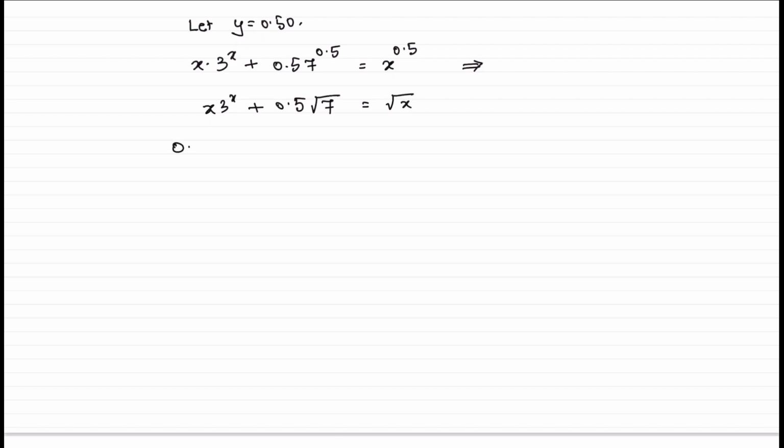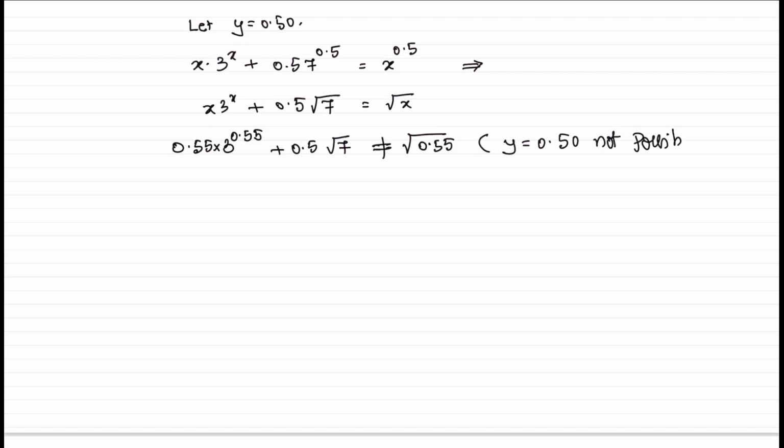Then 0.55 into 3 to the power of 0.55 plus 0.5 into square root of 7 is not equal to 0.55. That means there is an impossibility. y is equal to 0.5 is not possible. Please try to understand the concept.